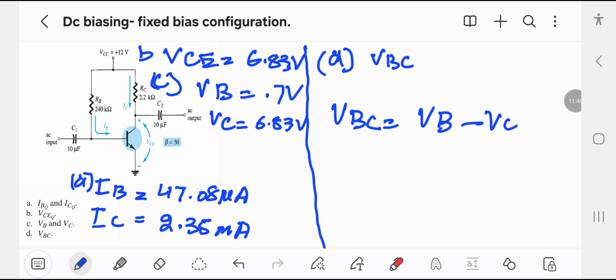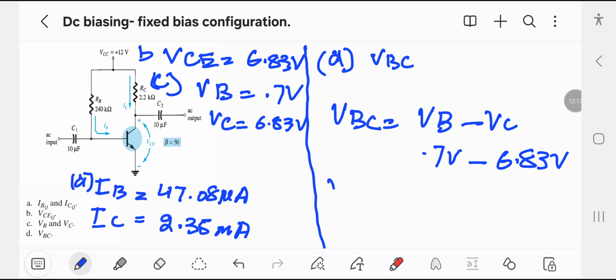So VBC is the voltage from B to C. So here VB is actually 0.7 volt minus VC, which is 6.83 volt.